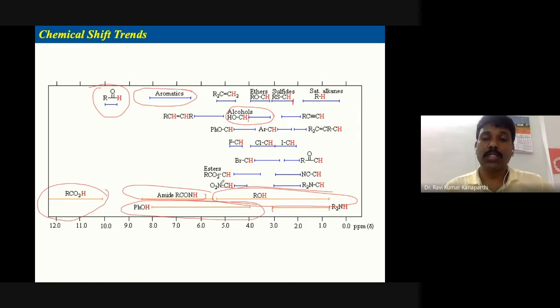A proton present in an alcohol has a different electron density compared to a proton present in an acid functional group. Similarly, an NH proton. These are all the matters we have to encounter, which is why ranges are given.